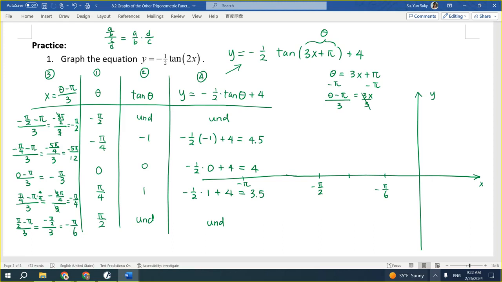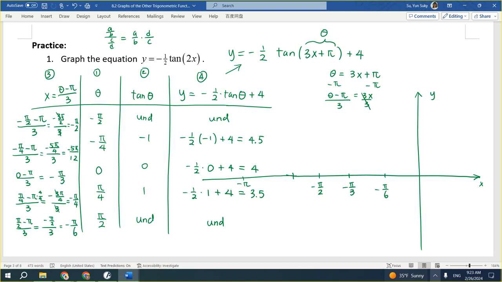The negative pi over 6 is you divide this length into 6 pieces. Pi over 6 is you divide the pi into 6 pieces. And how about negative pi over 3? Pi over 3 is you divide the pi into 3 pieces. So this guy will be negative pi over 3.